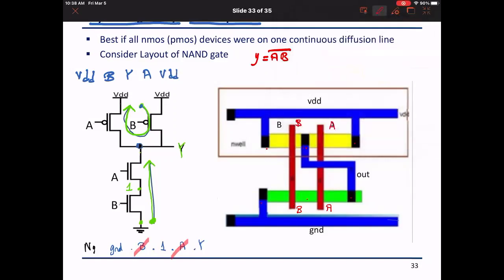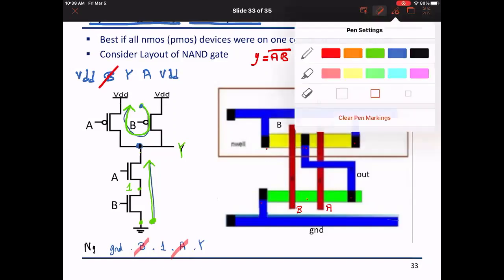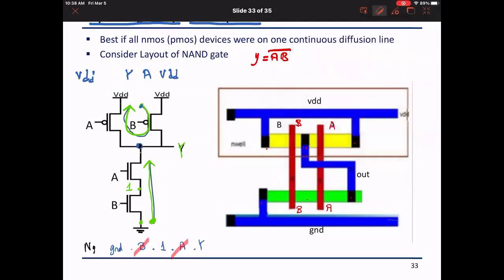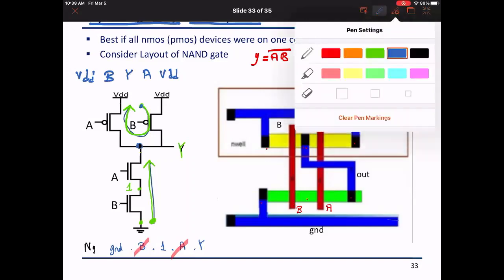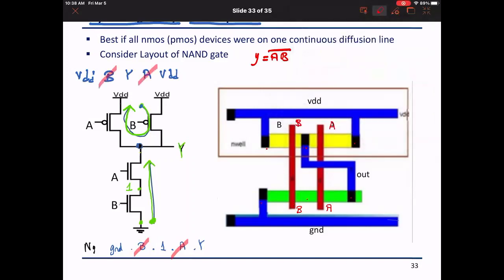So this means that I visited B, then I visited the poly of A, and I visited this, then this. Okay, so do you all agree how my path is going? So it went from ground to B to 1 to Y, and it went from VDD to B to Y to A to VDD.